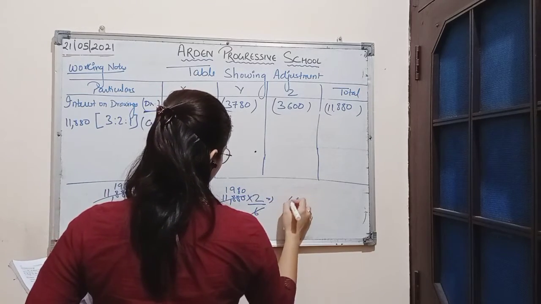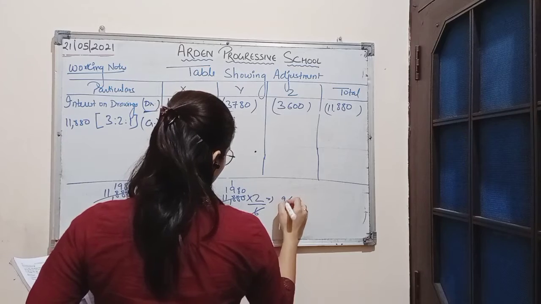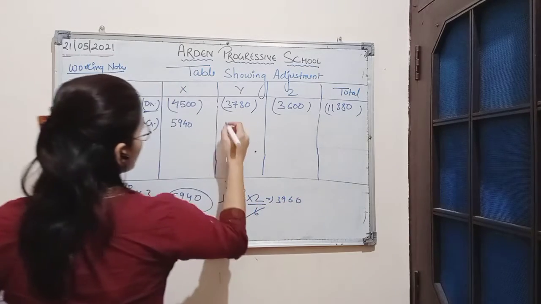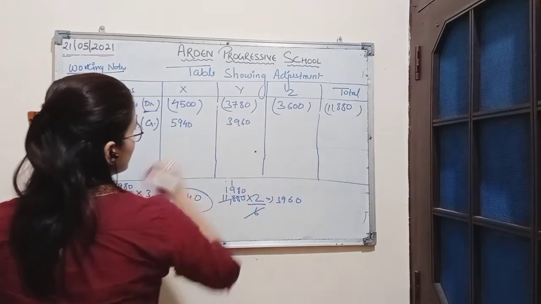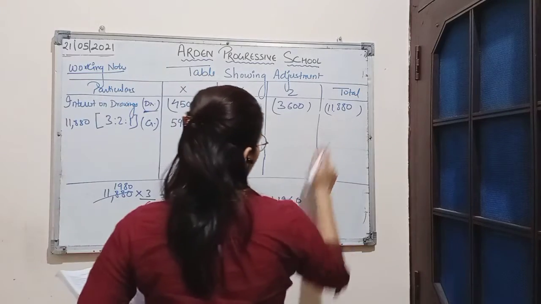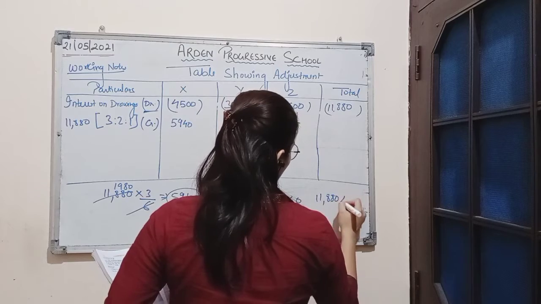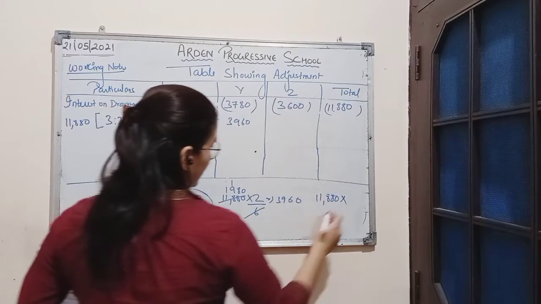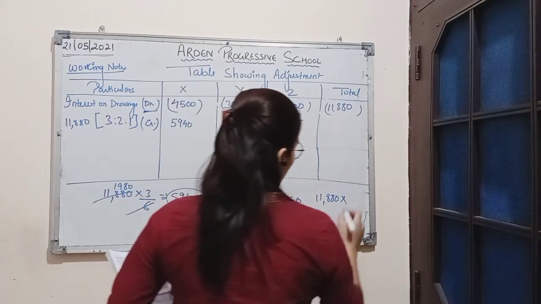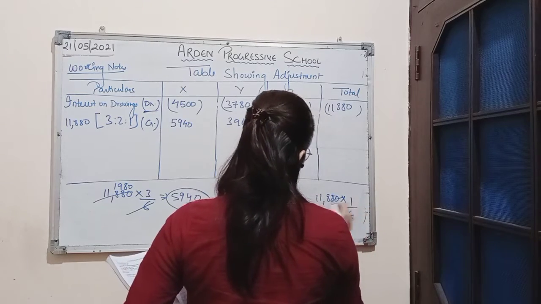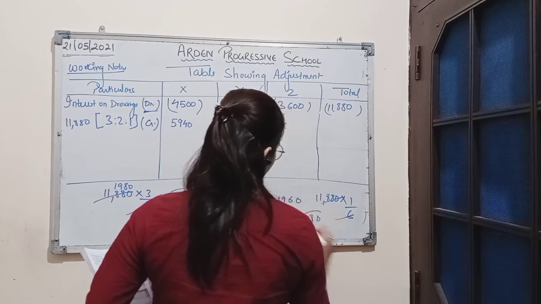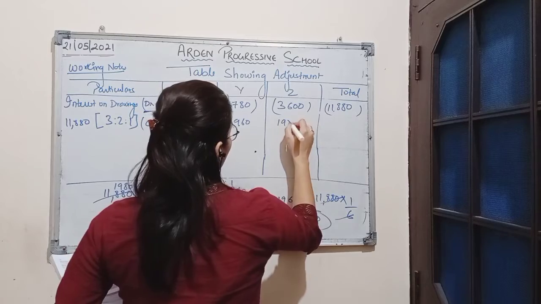Amount will be 3960, positive value. And the last partner is Z. Total amount is 11,880 and share of Z is 1 divided by 6. Here the amount is 1980.